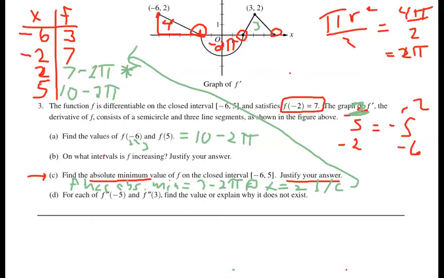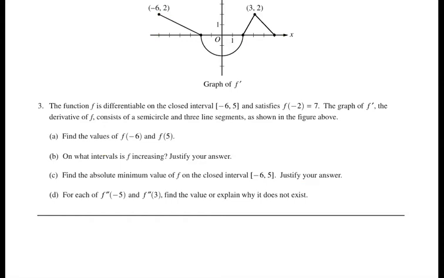So I'm going to go on and do part B. B says, on what intervals is f increasing? So f increasing means we're looking, where is f prime greater than or equal to 0? So if I look here on my graph, which is f prime, that part and that part, f prime is greater than or equal to 0.